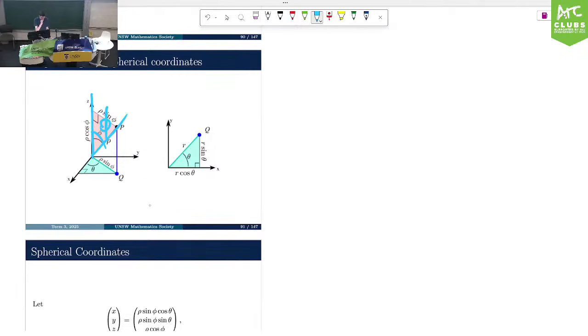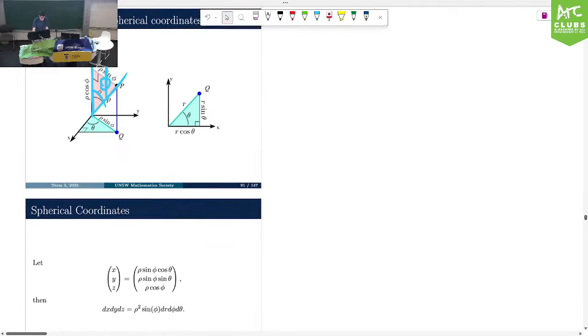And then if you consider the x and y plane, you get a radius if you project that downwards onto the x and y plane, that is rho sine phi. Then you can break that into your x and y by looking at the angle it makes with the x axis, this theta here, and you can do your basic trigonometry of r cosine theta, r sine theta, similar to polar coordinates.